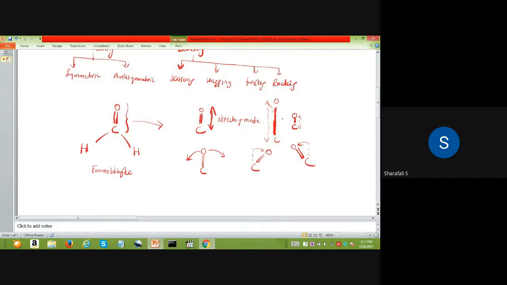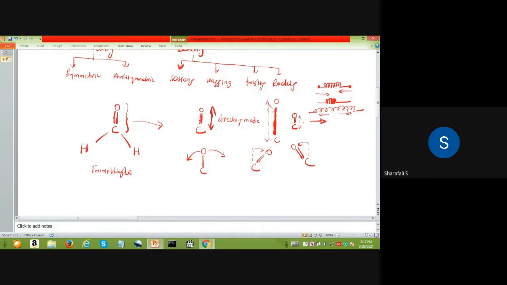Let's say, as an example, this is having a vibrational frequency. So this is vibrating. You have something like a spring, and it can compress like this, or it can expand like this. That is also possible. So stretching and compression will produce vibration.